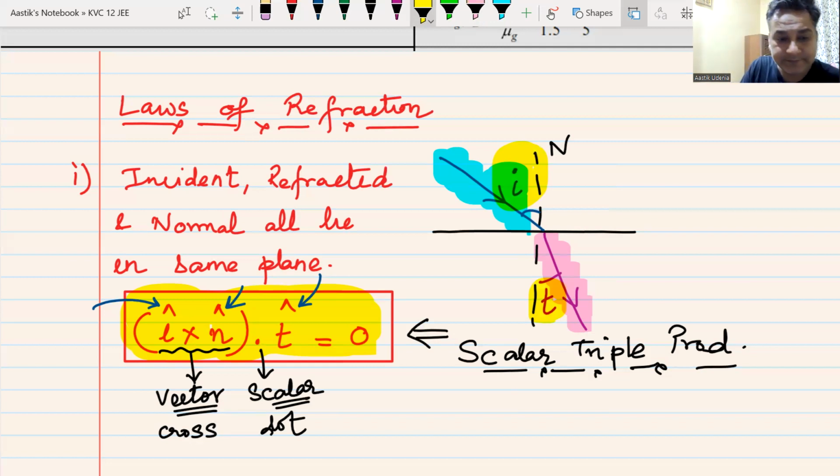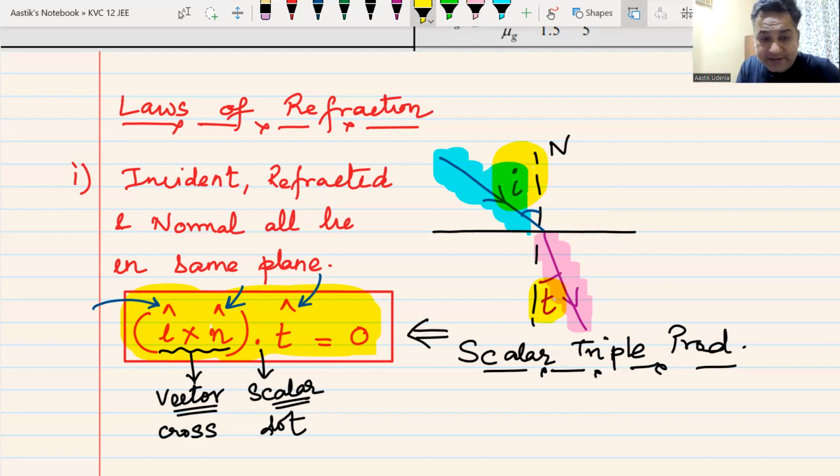Yes or no? So basically I can call I the angle of incidence in the first medium, and I can also call T, instead of the angle of refraction, the angle of incidence in the second medium if the ray had gone from the second to the first. Do we understand this? Yes, sir.